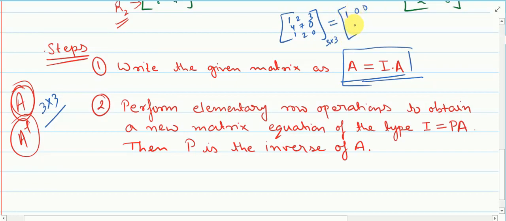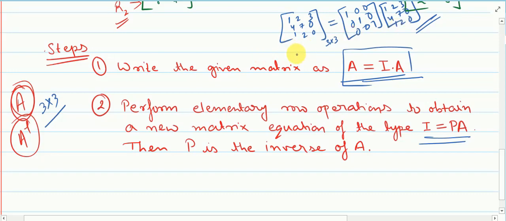And then you again write the same matrix A, 1 2 3, 4 7 0, 1 2 0. This is the first step. Then the second step is to perform elementary row operations to obtain a new matrix equation of the type I equal to PA. So here I have written this, first step is done.